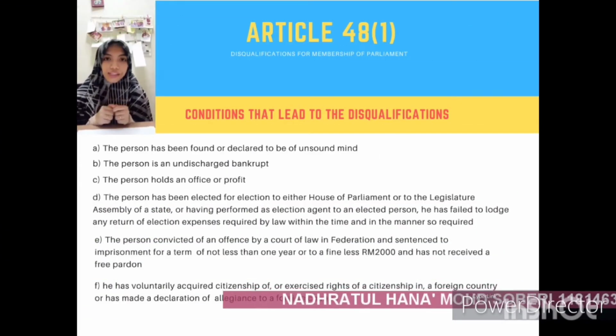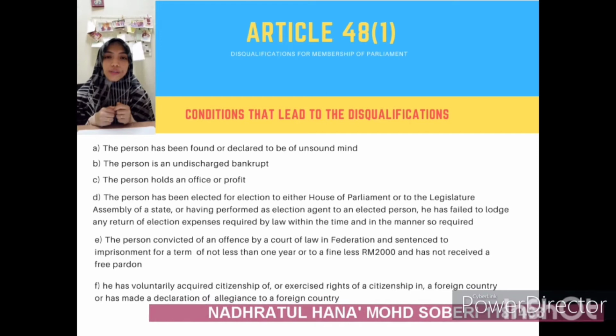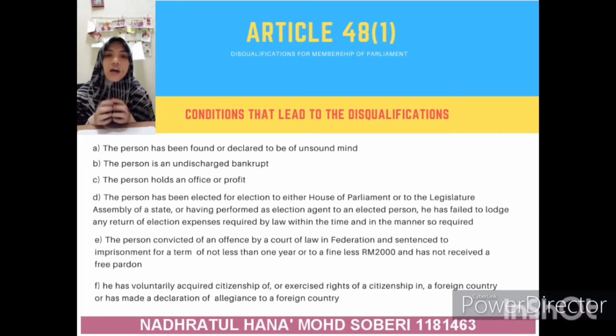For the last presenter, I would like to continue about the disqualification of membership in the Parliament. According to Article 48 Clause 1 of our Federal Constitution, it lists 6 conditions that lead to the disqualification of membership in the Parliament. The first one: the person is found or declared to be of unsound mind.